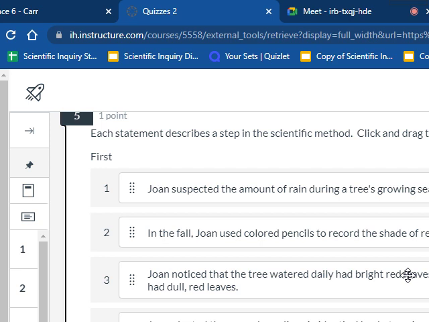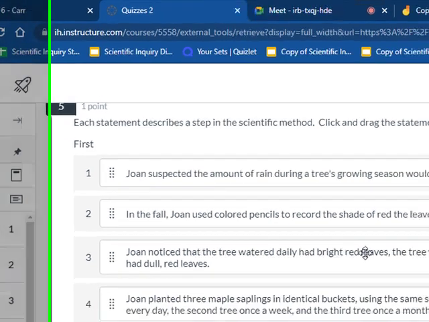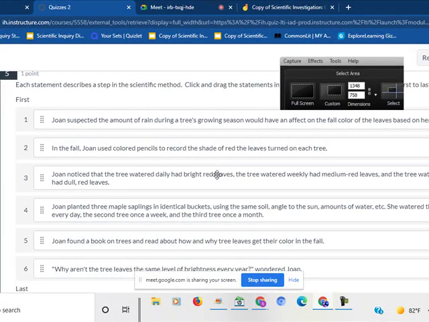None of these are questions. So I don't have the very first one. What you're doing is saying, out of these, what would come first? Oh, okay. So we're saying if the first one is her hypothesis, that would definitely come before collecting data, right?